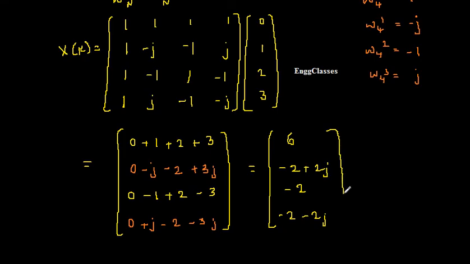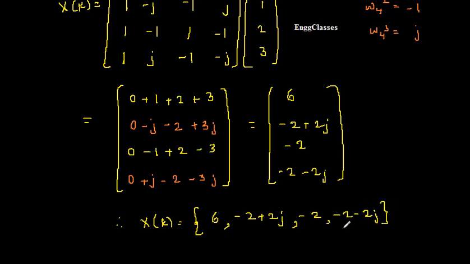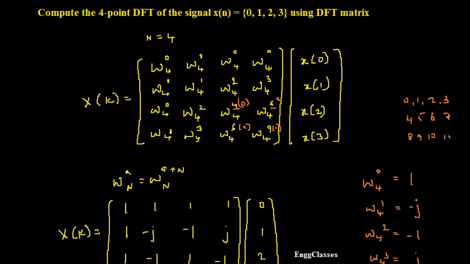So this is the answer I finally get. Therefore x of k is equal to 6 comma minus 2 plus 2j comma minus 2 comma minus 2 minus 2j. This is the final answer for x of k for the given sequence x of n, which has been solved using the matrix method.